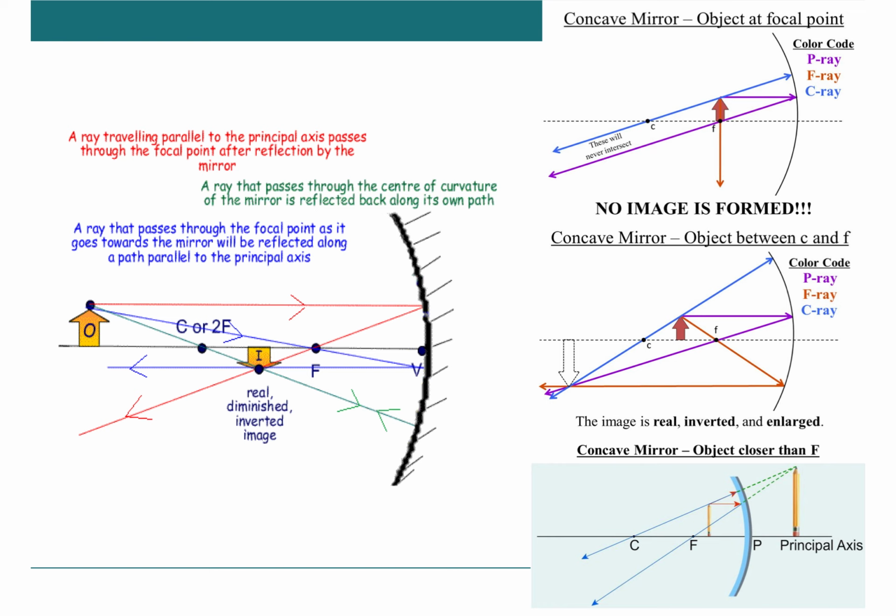Finally, light rays that travel through a point labeled C, the center of curvature, which is given by 2 times the focal length of a mirror, will pass through that central curvature point, hit our mirror, and bounce back along the same trajectory towards where they originated.